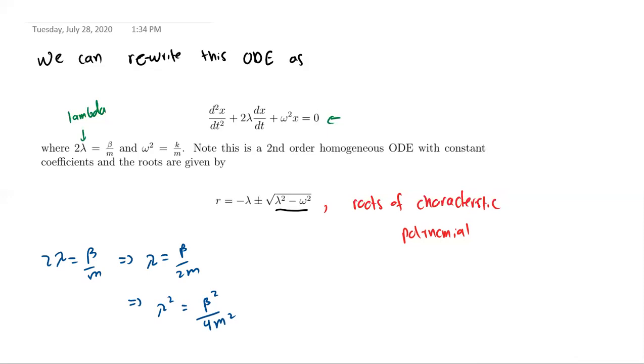And w squared, we know what it is. It's k over m. So really, what determines whether we have two distinct real roots, two distinct complex roots, or just one real root of multiplicity 2 is the relationship between these two quantities, lambda squared and w squared.